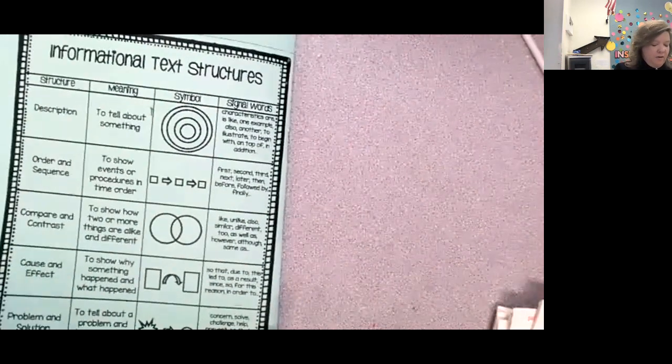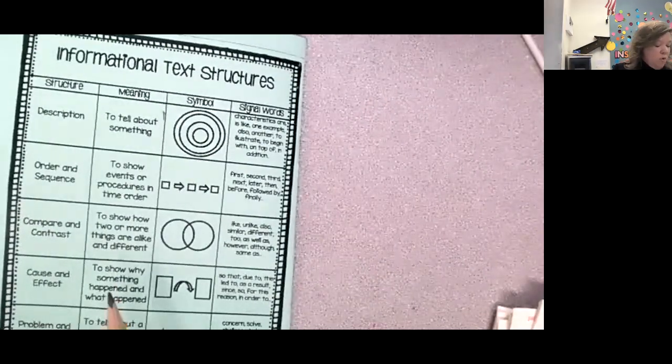So let's look on the back of our paper and look for the signal words for compare and contrast.